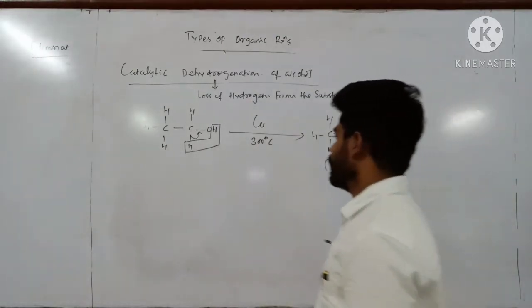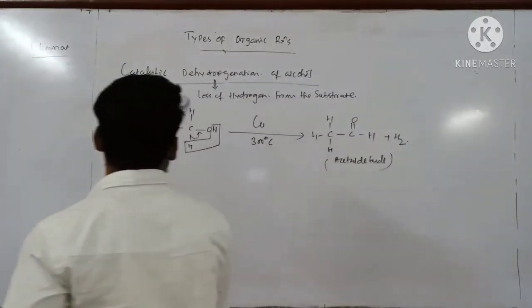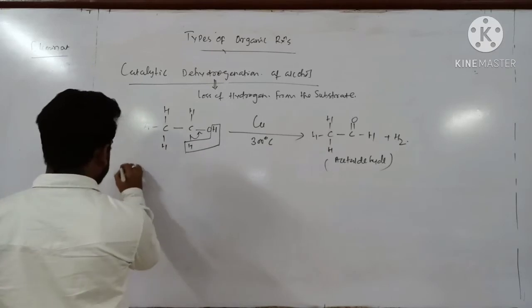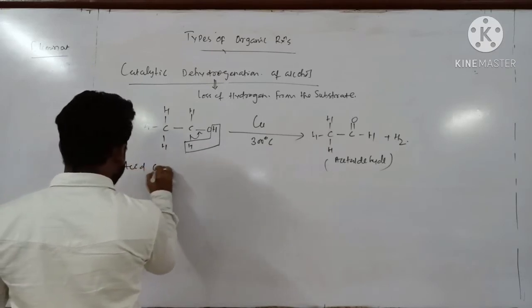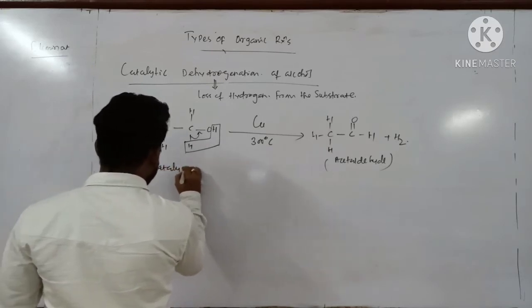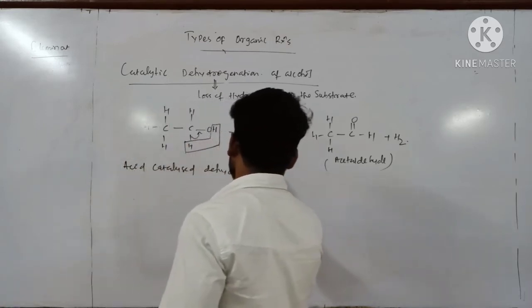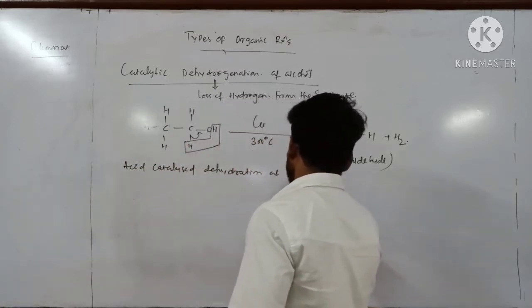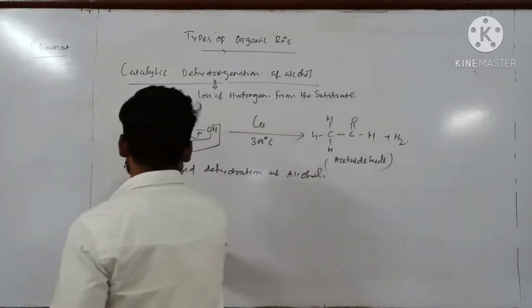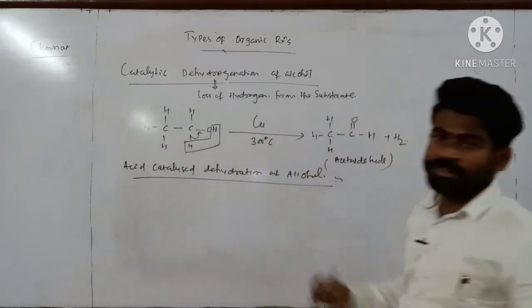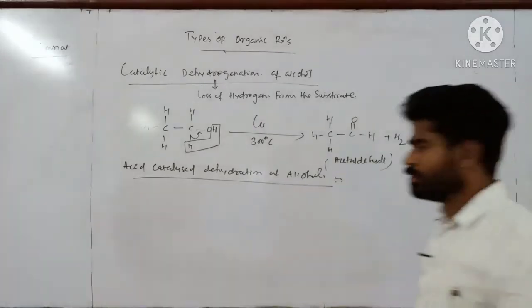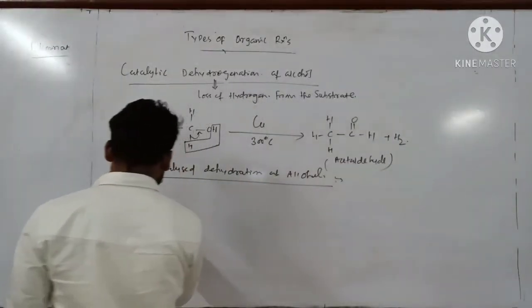Next, acid catalyzed dehydration. Dehydration means loss of water molecule. Acid catalyzed dehydration of alcohol, let's say. Suppose one alcohol is like this.